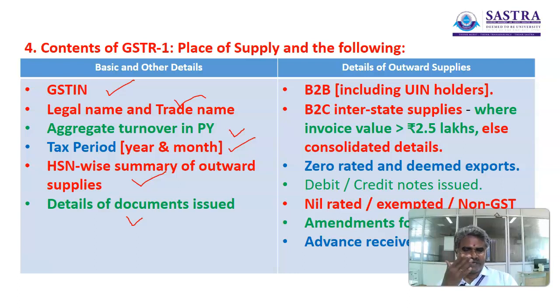All the informations are available in the form. They are called basic information. We have to give this information compulsorily because they are about the trader.